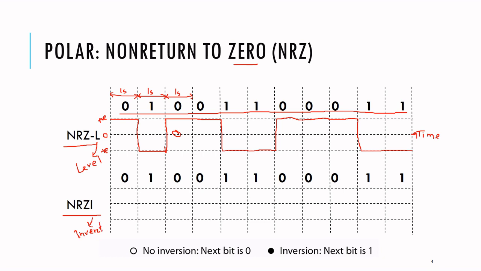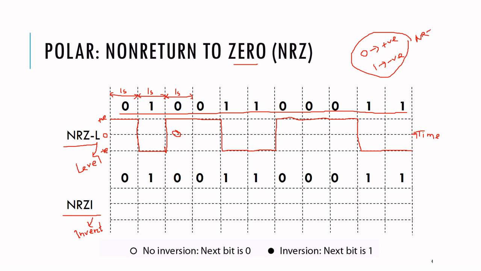Alright, so now in this encoding, unlike NRZ-L, you don't have predefined levels for 0. Like in NRZ-L, I decided that 0's level would be positive and 1's level would be negative. Like this was decided for NRZ-L.